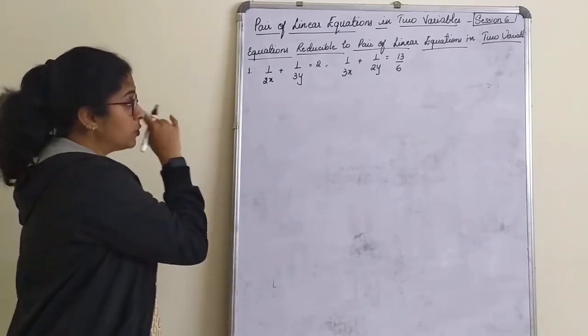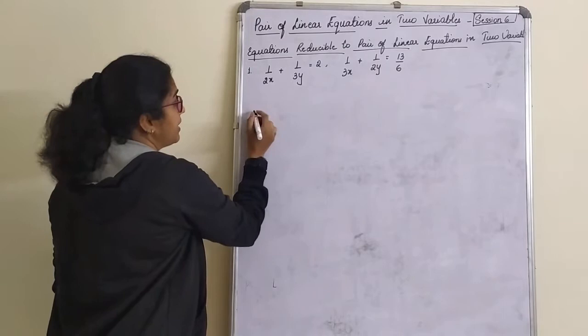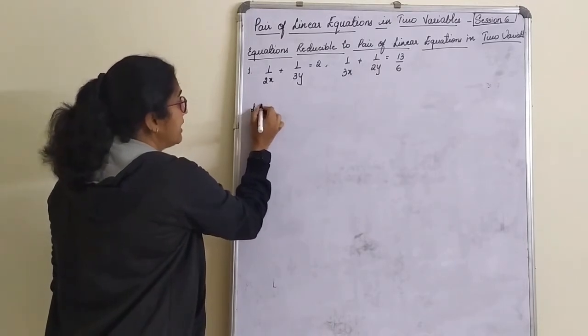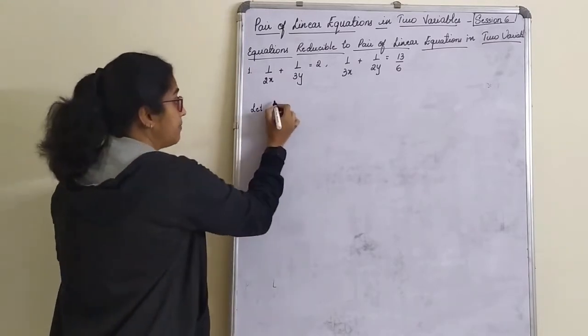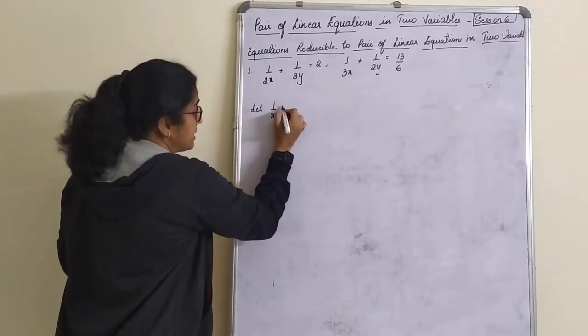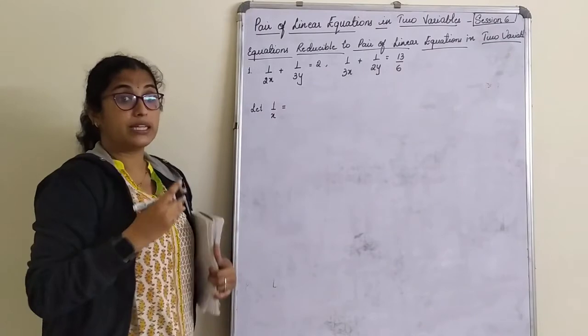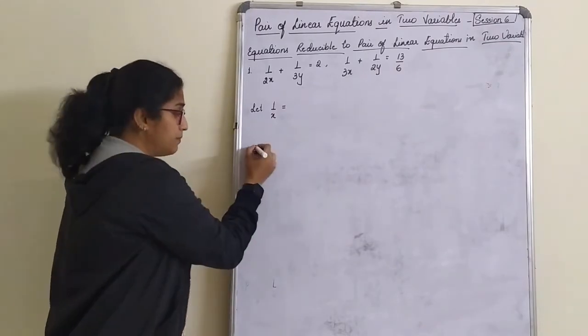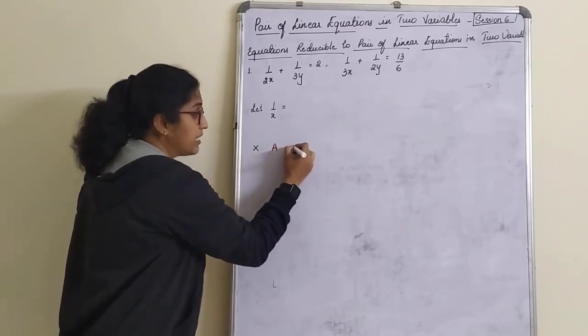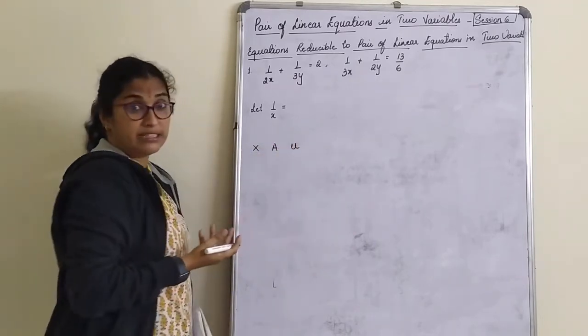Let's start. Whenever we have this type of thing, we will leave the coefficient and only consider the variable. 1 by x we have to consider as some different variable. That can be x, that can be a, that can be u, or anything.